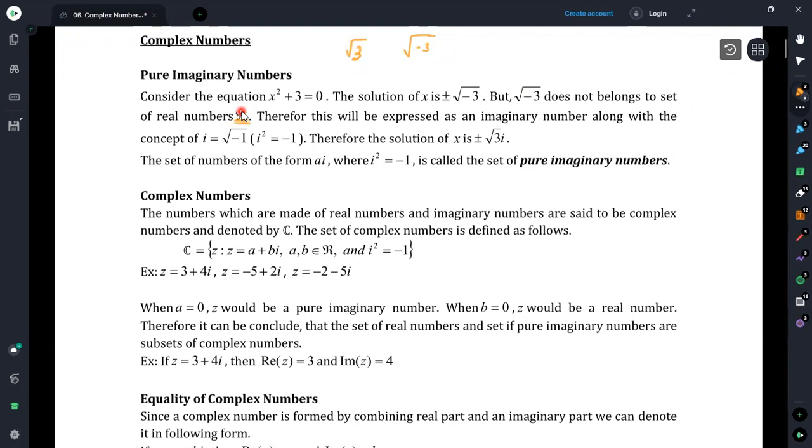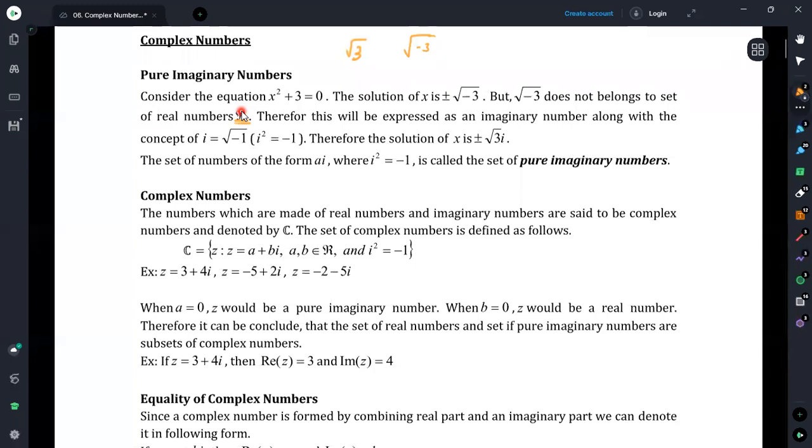Therefore, within the set of real numbers, we cannot define the square root of minus 3. In a situation like this, since we need solutions for such equations, we define a new concept called pure imaginary numbers.